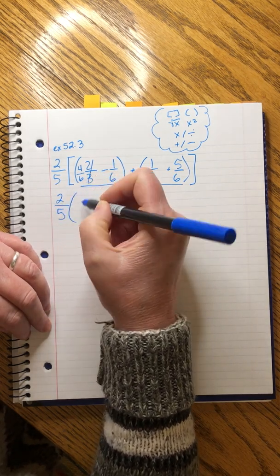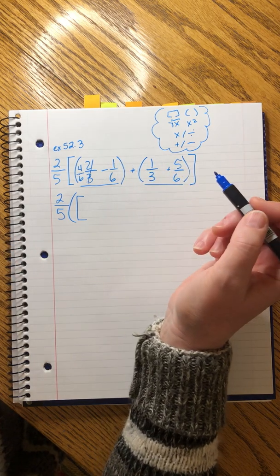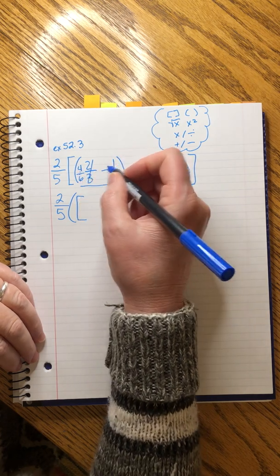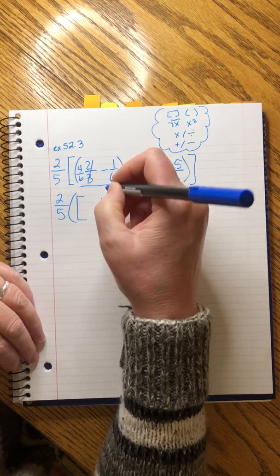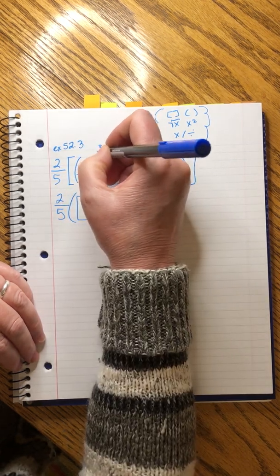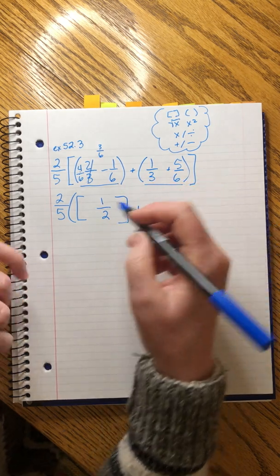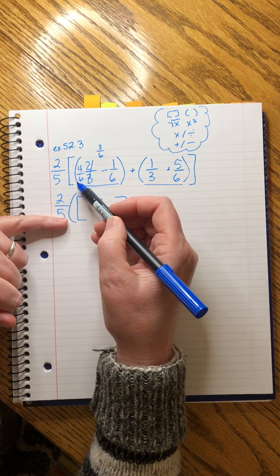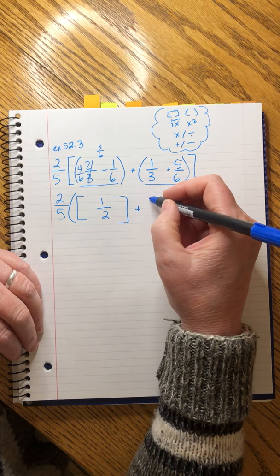I'll copy this. 4/6 minus 1/6 is 3/6, right? 4 minus 1 is 3/6, but I can reduce that to 1/2, right? And I'll just write this here so you can see that's how I got that. 3/6 is 1/2 plus, oh, I reversed the shape of these, right? It should be square on the outside, round on the inside. I just switched it. That was just me being crazy.